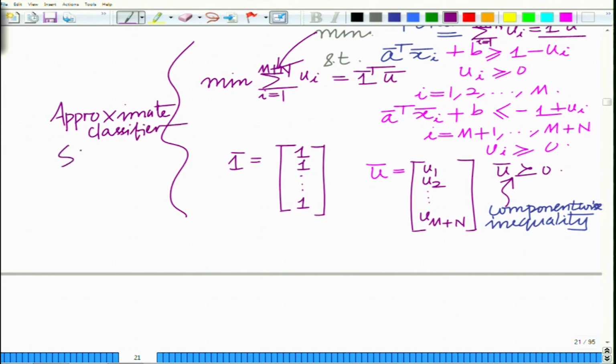If the previous one is a hard classifier, this can also be known as a soft classifier, in the sense that it is not a hard partition between these things, it is a soft, porous one through which some points can pass through. But it is not the same thing as having no partition at all, which is where all points are on either side. So, you try to build the best approximate classifier.